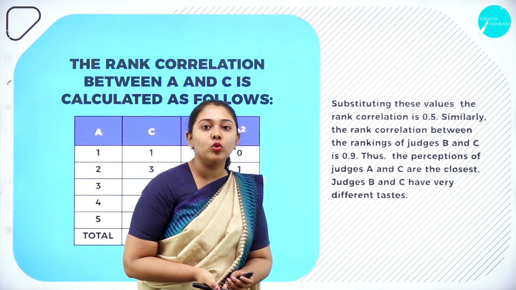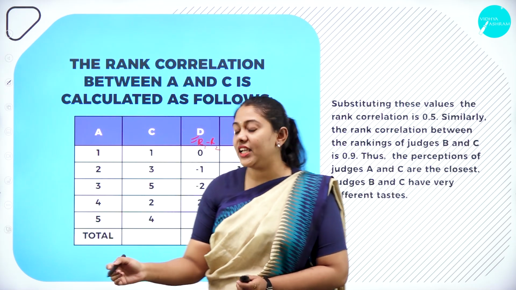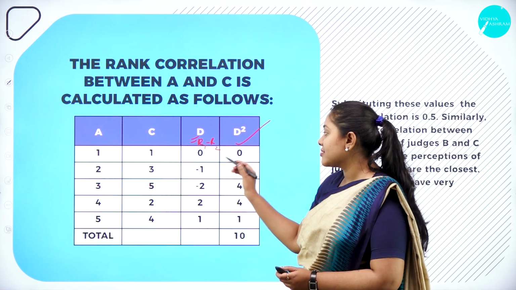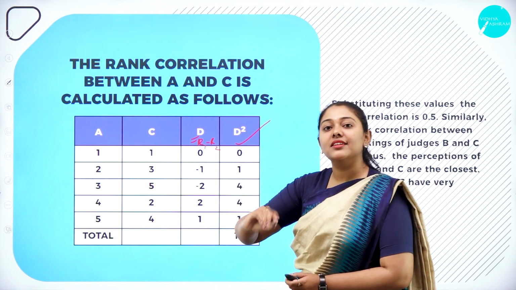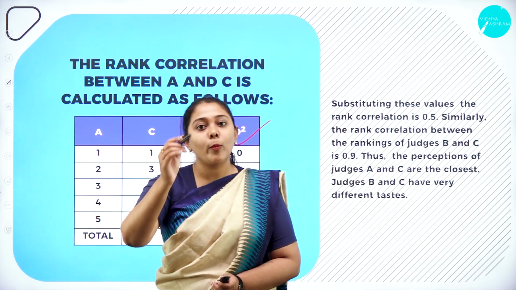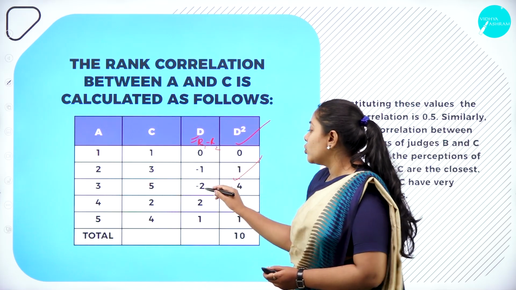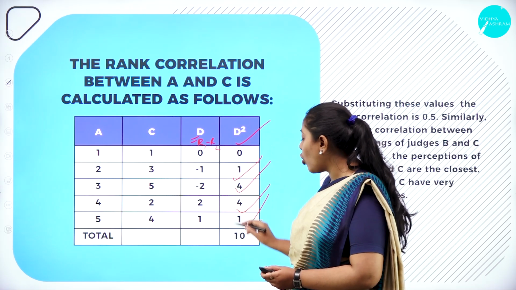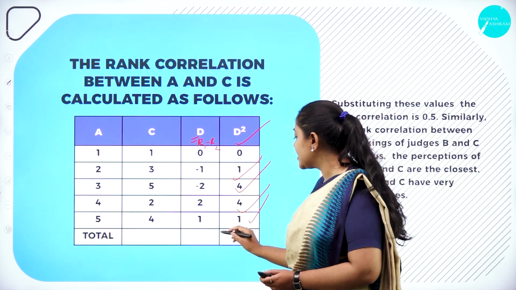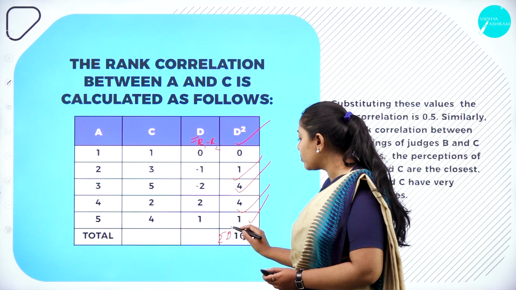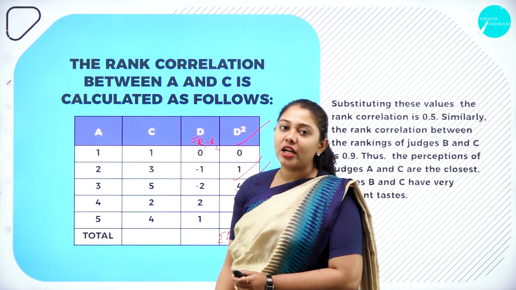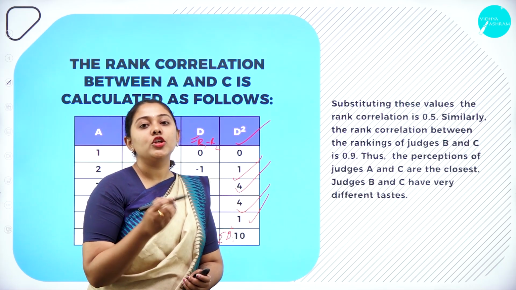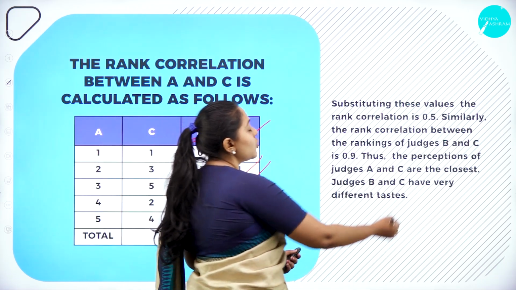And if you square up the D, it is your D square: 0 into 0, it is 0, 1 into 1, 1, minus into minus, plus 1, 2 2s are 4, 2 2s are 4, 1 1s are 1, and the summation of your D square will be how much? 10. So that will be 10. If you substitute to the formula, you will get the answer as 0.5.